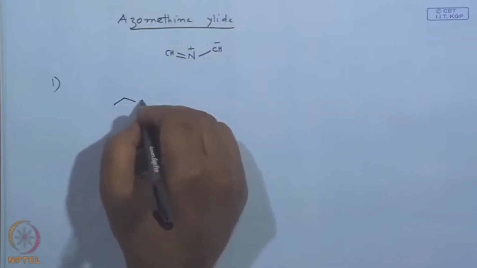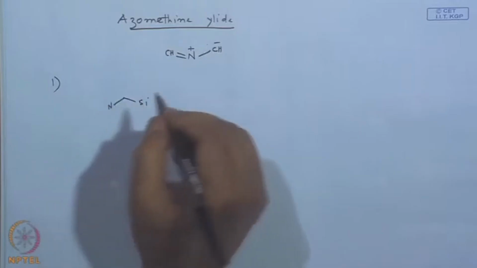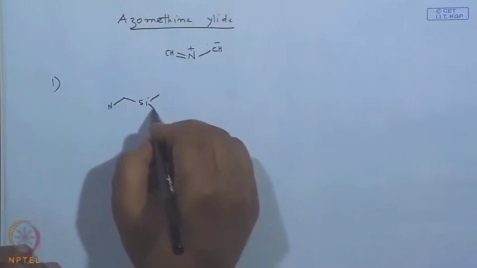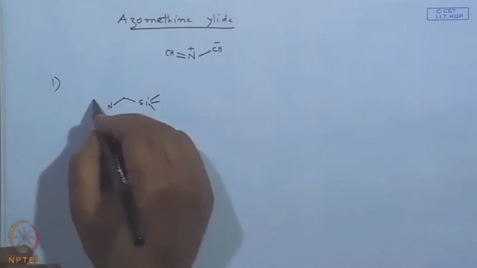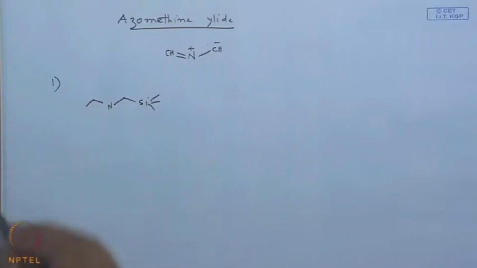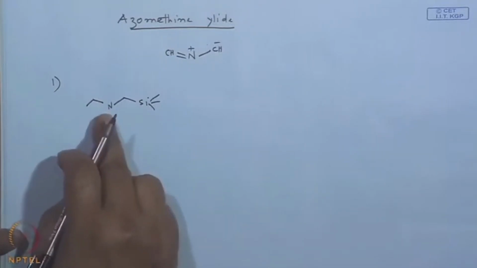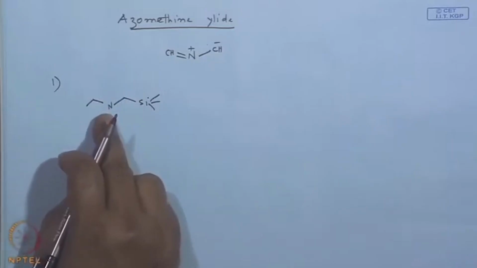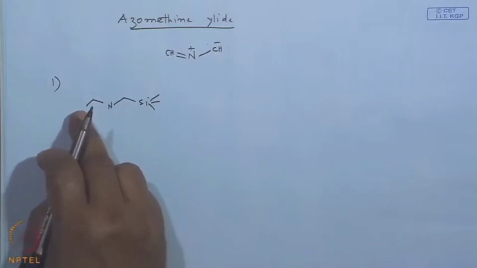So, with a silyl group adjacent to nitrogen, this was the minimum requirement, and then if you look at the structure here, you have to produce a double bond. So, that means you have to have a good leaving group, but many of the leaving groups adjacent to nitrogen are not viable. Having a leaving group close to nitrogen is not viable.